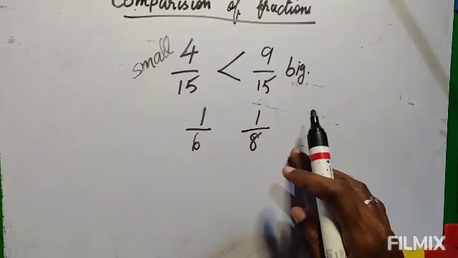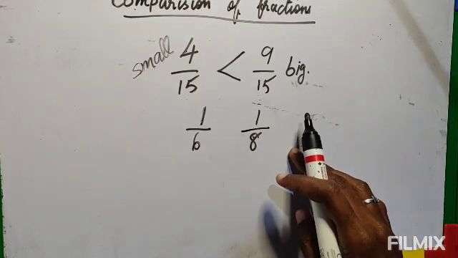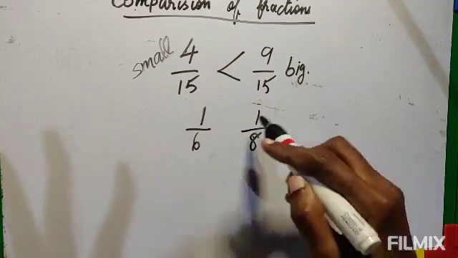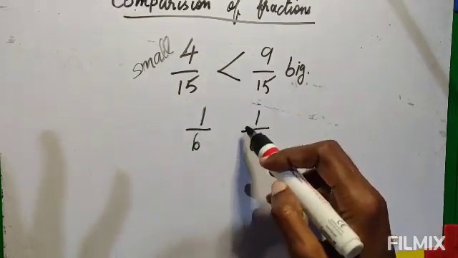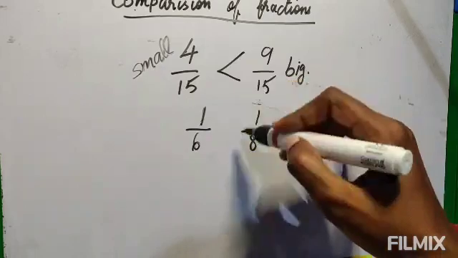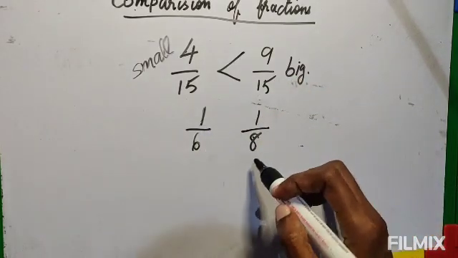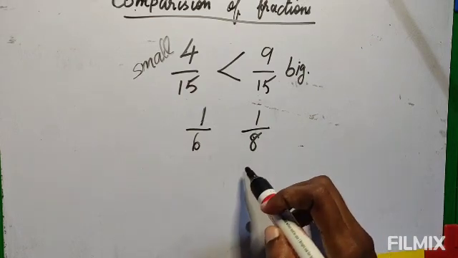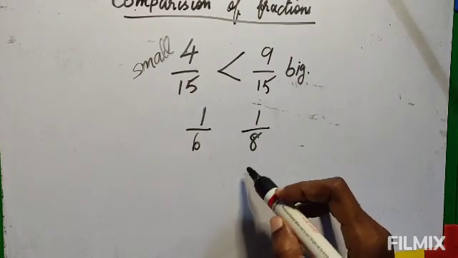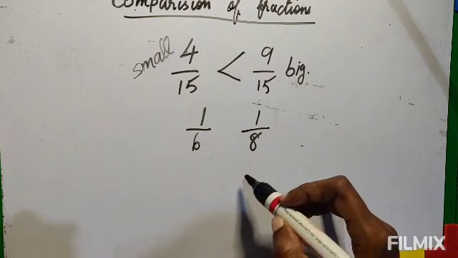Why are they unit fractions? Because in the numerator there is 1. In this type of fraction, the numerator is the same, so there is a difference. Don't think both are the same. If the numerator is the same, then you will compare the denominators. The one with the smaller denominator is the bigger fraction.